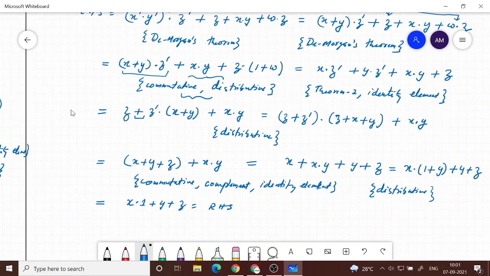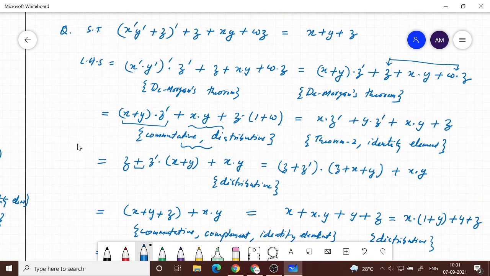Whatever given was a very complicated expression, but whatever we finally reached is very simple expression, x plus y plus z, to use only one OR gate with 3 inputs.